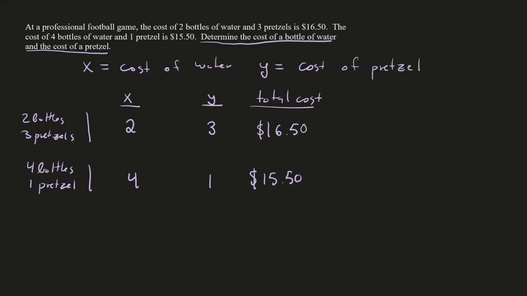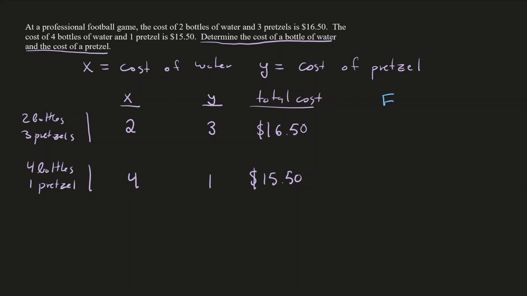So if you buy 2 bottles of water for a cost of x per bottle and 3 pretzels at a cost of y, that will give us a total cost of $16.50.